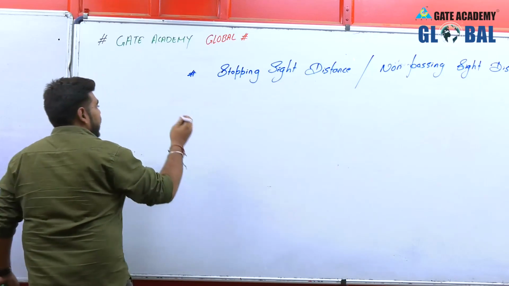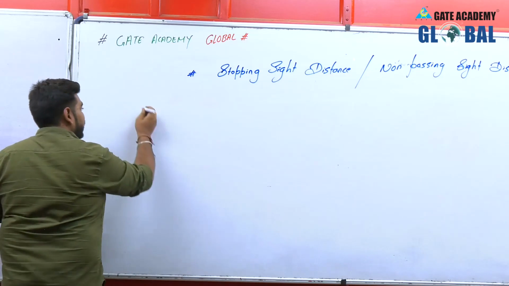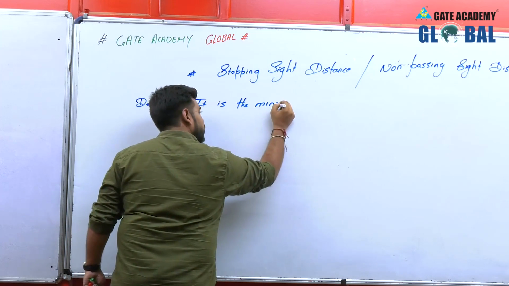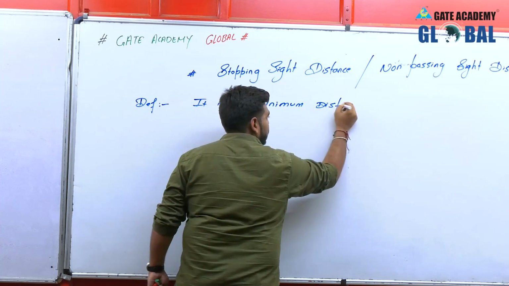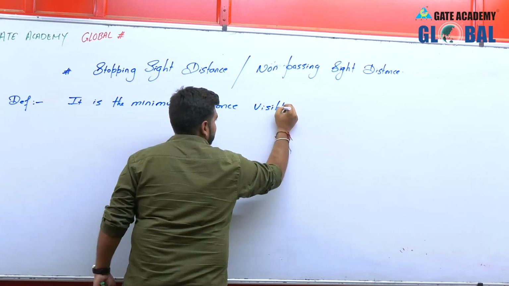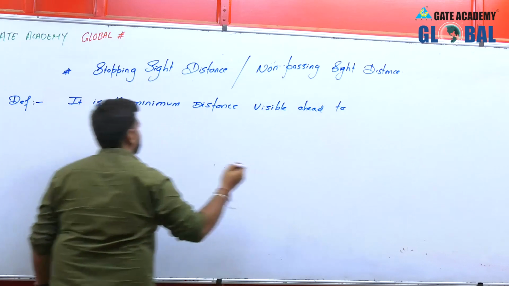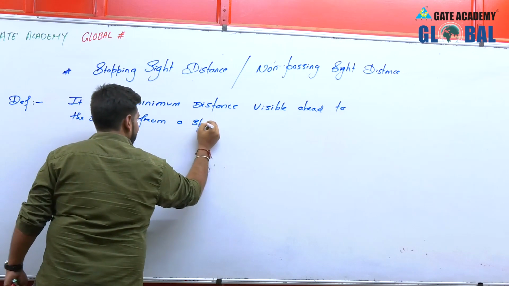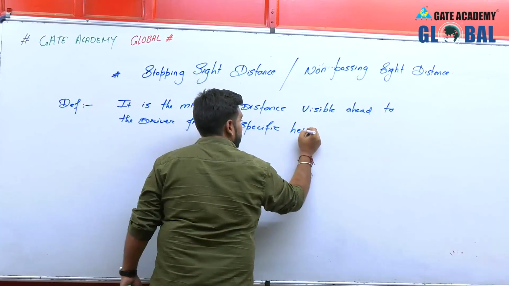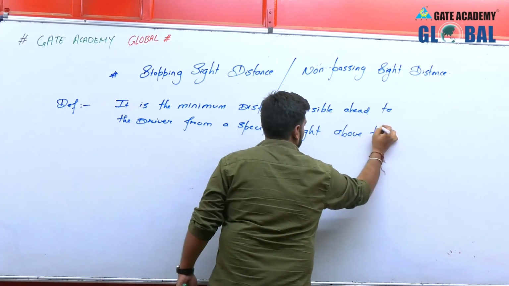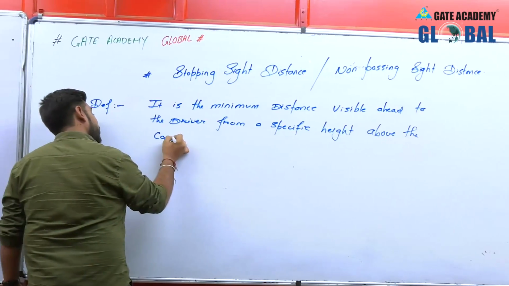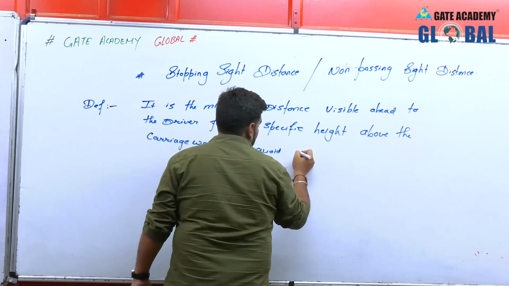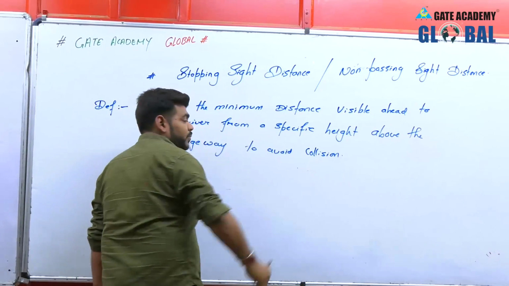Let's start with the definition. The stopping sight distance is the minimum distance visible ahead to the driver, from a specific height above the carriageway, to avoid collision, or to stop the vehicle just before the collision.